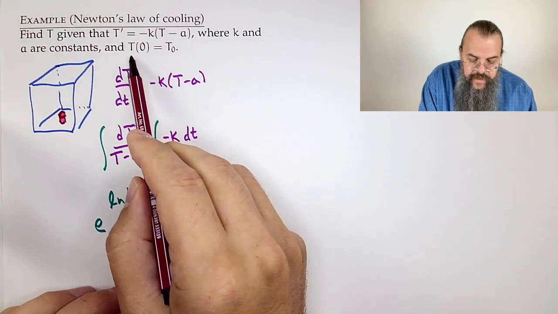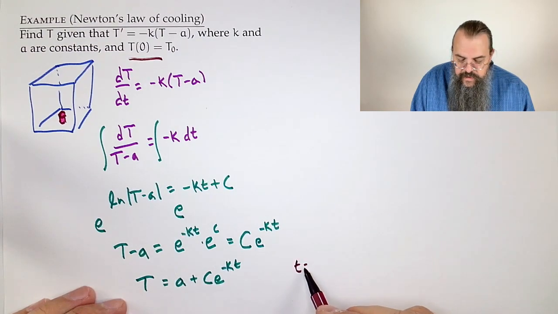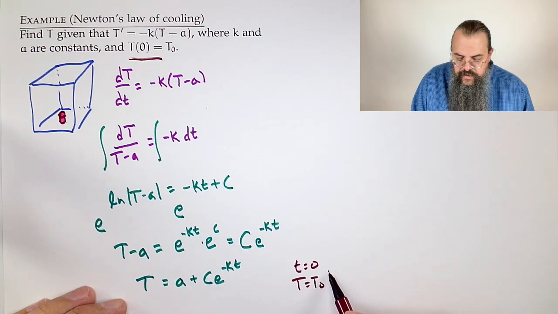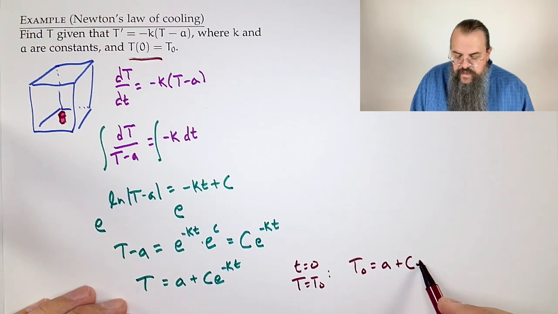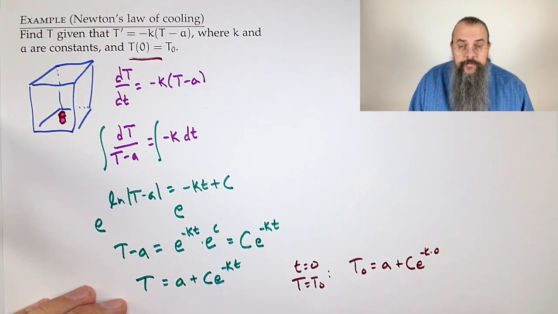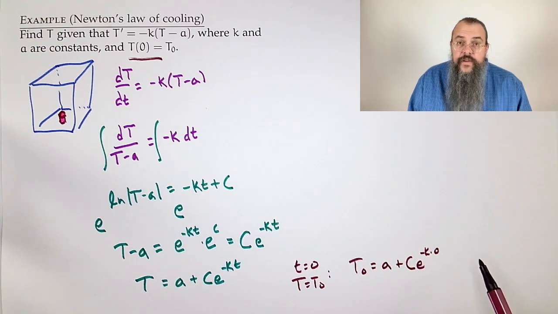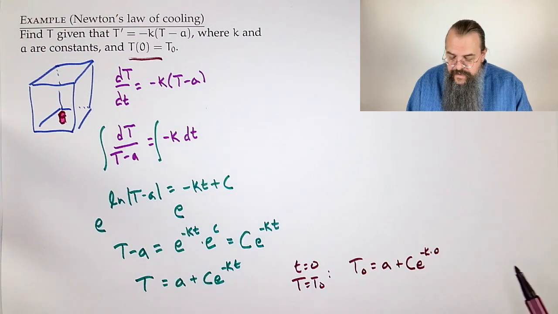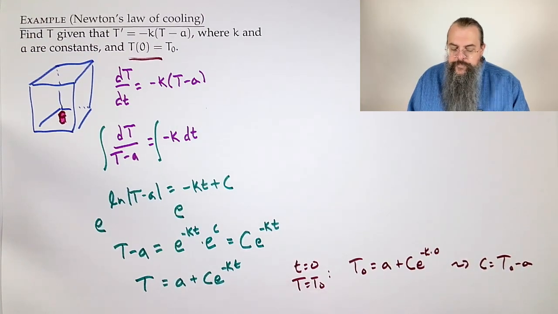Namely, when time equals 0, our temperature is T0. So T0 is equal to A plus some constant C, e to the minus k times 0. The nice thing is e to the 0 is 1. So that allows us to say, aha, C is equal to T0 minus A.